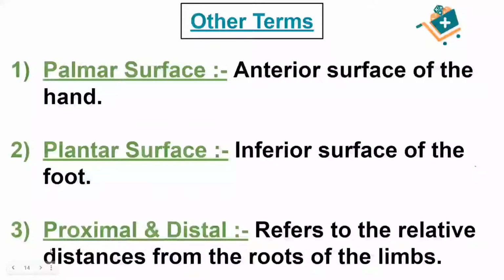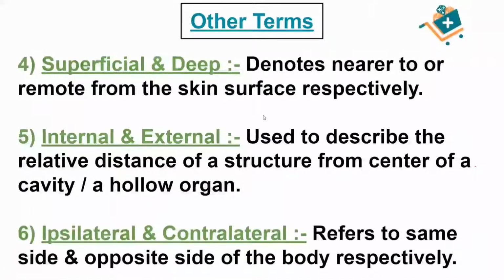Next slide we will learn some more terms. Now superficial and deep. Superficial means closer to the skin, more outside, and deep means when you go inside, to the deeper structures.